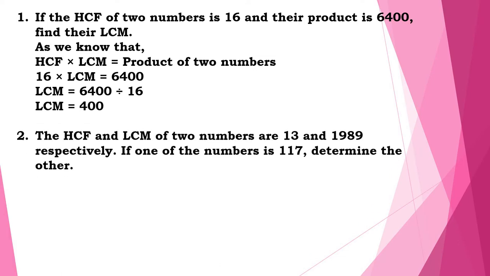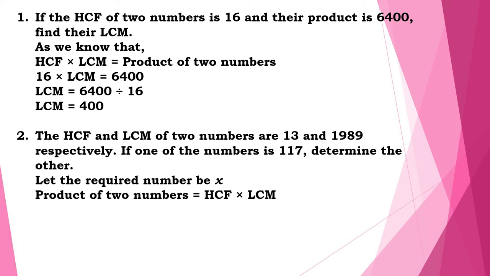Next question. The HCF and LCM of two numbers are 13 and 1989 respectively. If one of the numbers is 117, determine the other. So the same rule we will use here also. First we will let the required number be x.